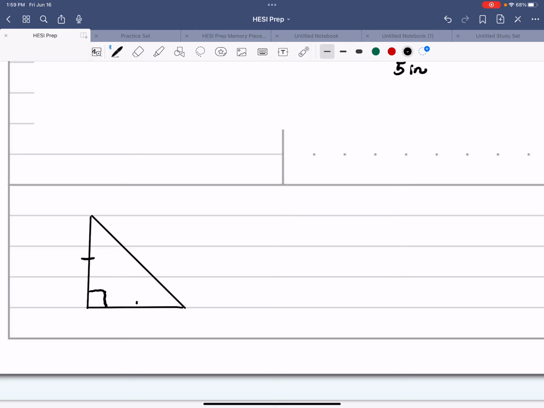If you see something this way, that means that we have isosceles. That means that these two angles would be 45 degrees, and they have to be 45 because the vertex angle is 90. So 45, 45, 90. So this is a right one because of the 90 degrees. It's isosceles because of the two base angles. So it is possible to have a right isosceles or a right scalene.